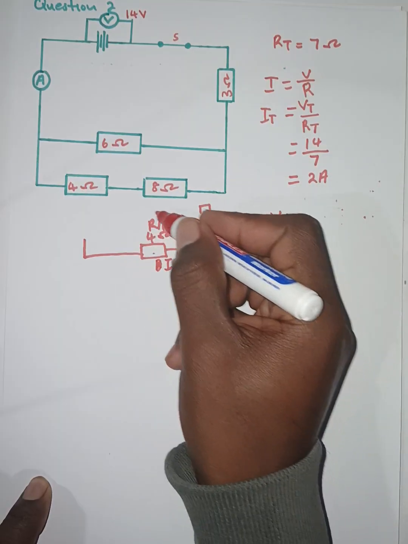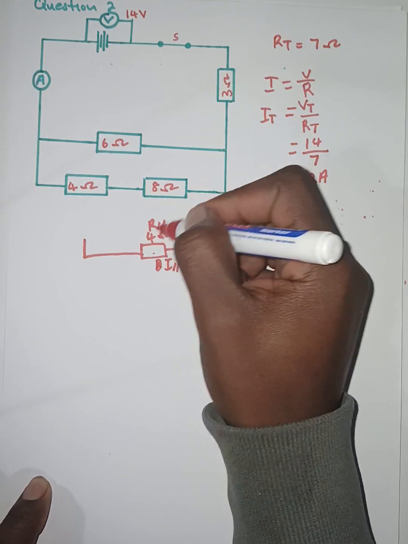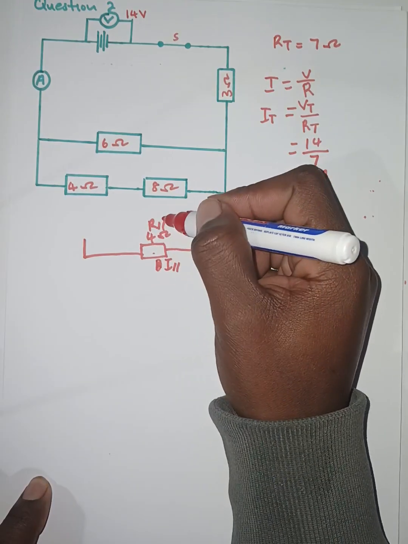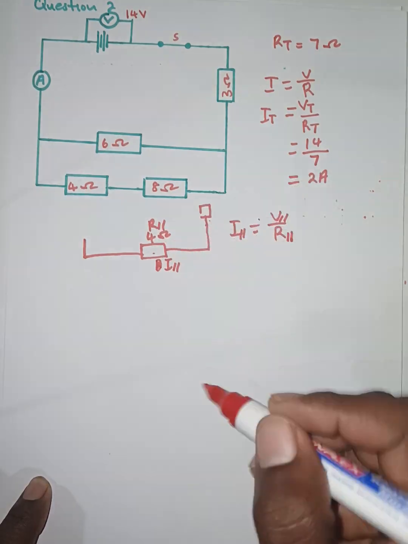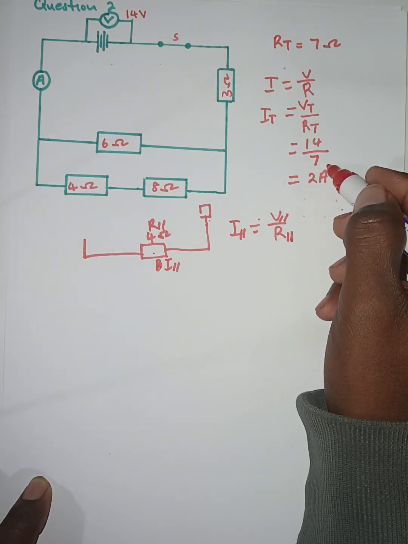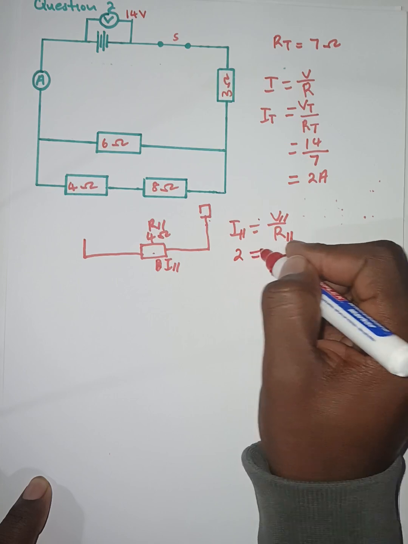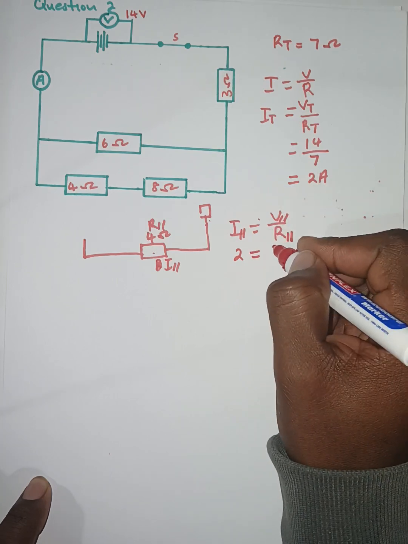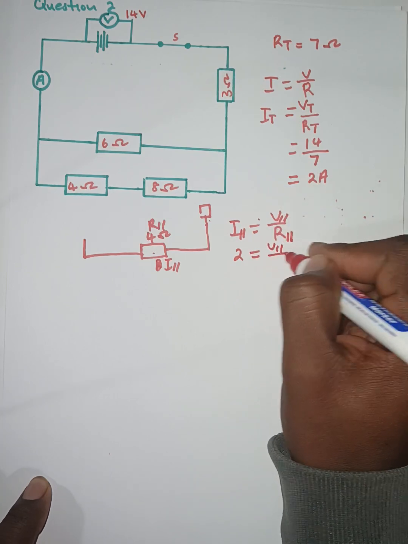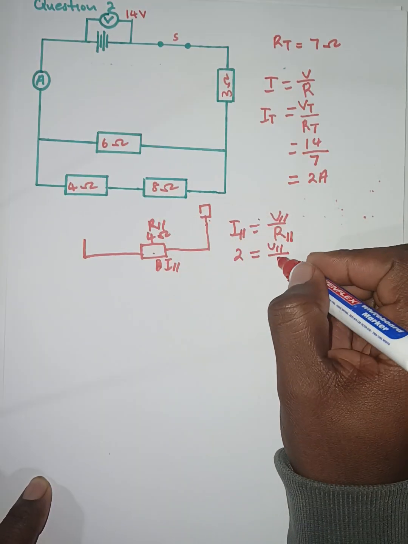So the current passing through our parallel resistors would be I total. We found I total to be 2 amperes, so I'm going to substitute 2, and I'm looking for V parallel, so I'm going to divide that by R parallel, and we found R parallel to be 4.